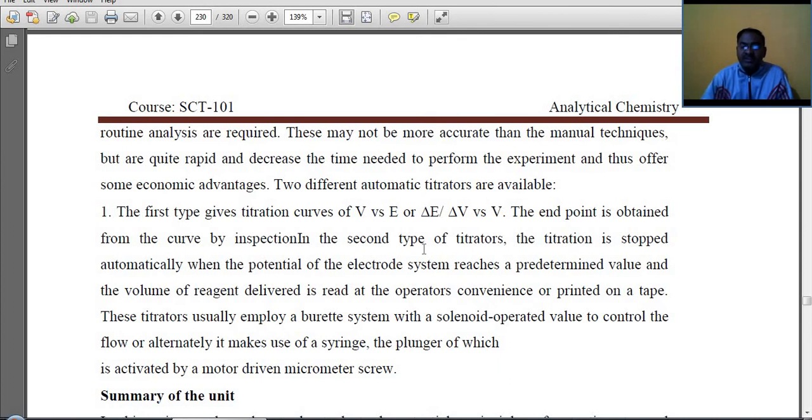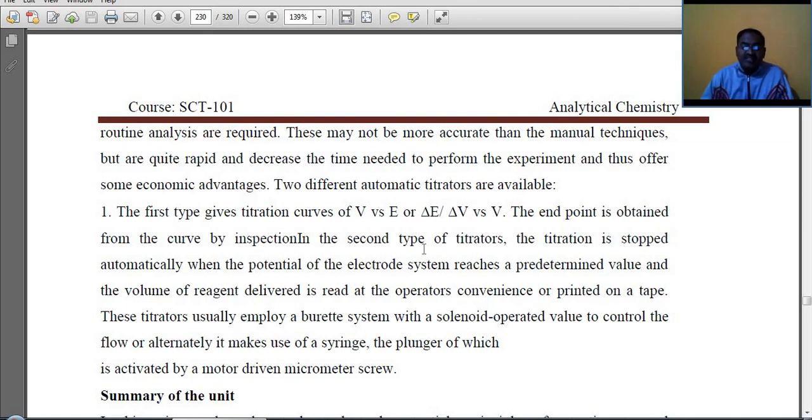Two important automatic titrators are available here. The first type gives titration curves of volume versus EMF, here delta E versus delta V. The endpoint is obtained from the curve by inspection. In the second type, the titration is stopped automatically when the potential of the electrode system reaches a predetermined value, and the volume of reagent delivered is read at the operator's convenience or printed on a tape.